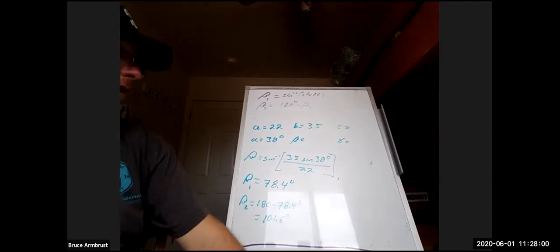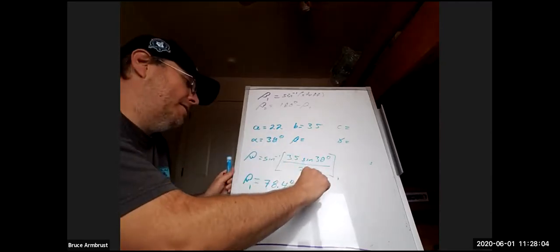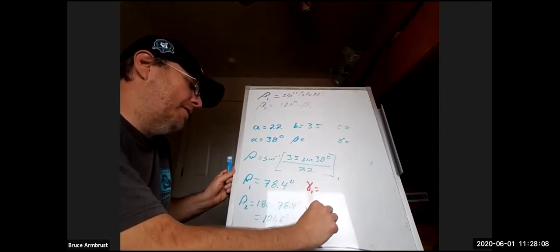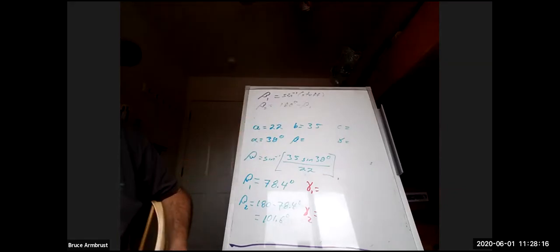So for each of those, there's going to be a gamma. So I'll write them as gamma 1 equals and gamma 2 equals. So again, the way that we find that third angle is to take 180 and subtract these other things.